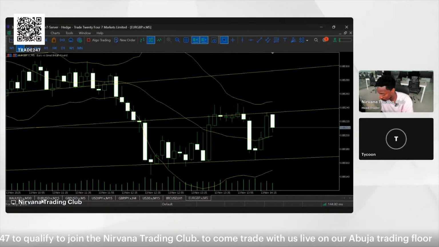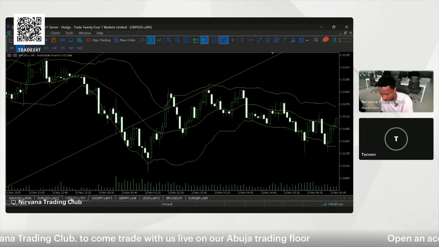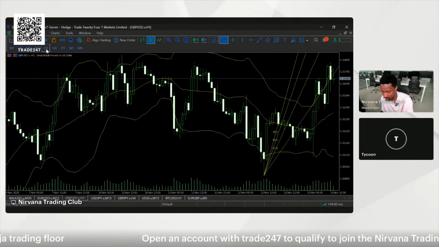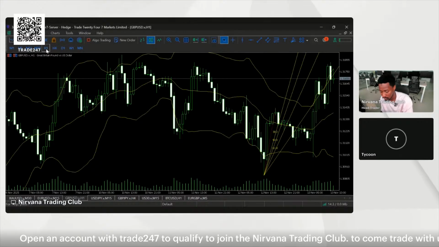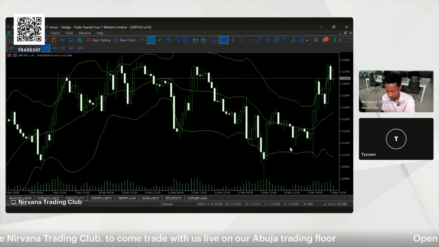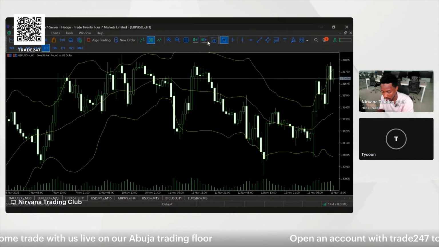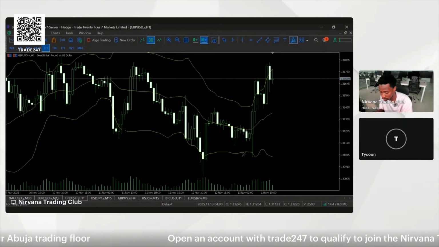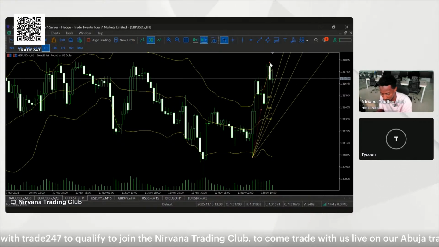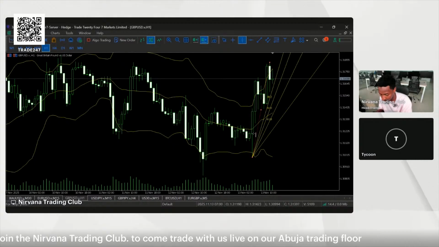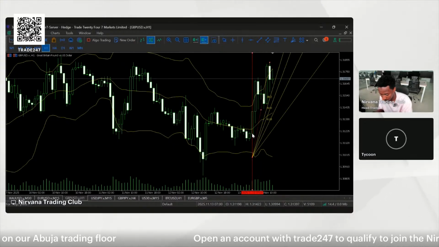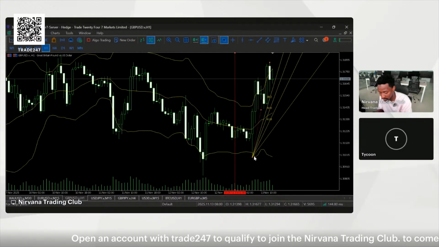So let's look at what we have for the GBP USD. This is the 1 hour time frame, and as well, it's been bullish all day. This is the start of the day. So for GBP USD, this is the start of a new trend.